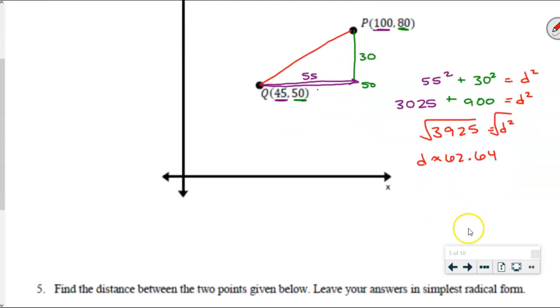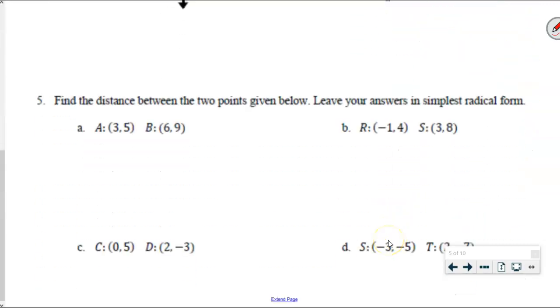Here's your real challenge. Look at A. Could you put these points on a grid and then do it? Exactly.